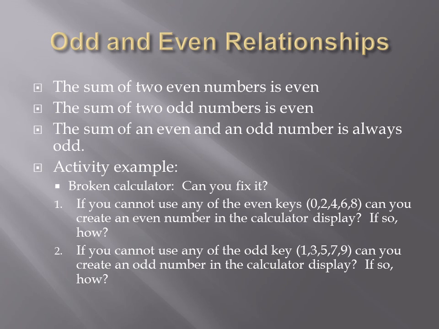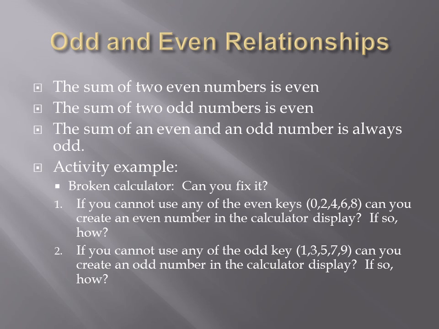The sum of an even and an odd number is always odd. Now let's figure out a way where we can demonstrate this and know this rather than just believe it because the teacher said it. One activity example is broken calculator.